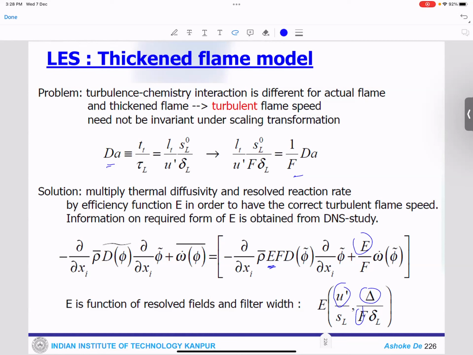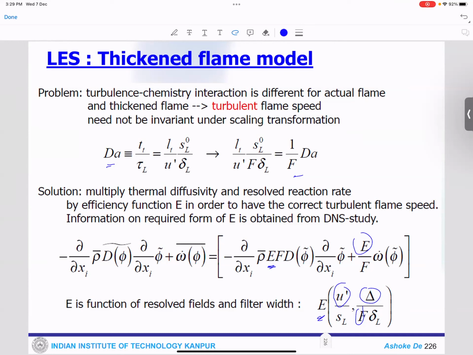Of late there are research papers which say that this efficiency function can also be evaluated dynamically. That means once I evaluate this factor dynamically, I take into account the flow field and things like that. So that's how the advantage comes.